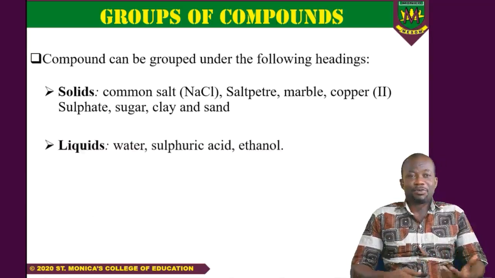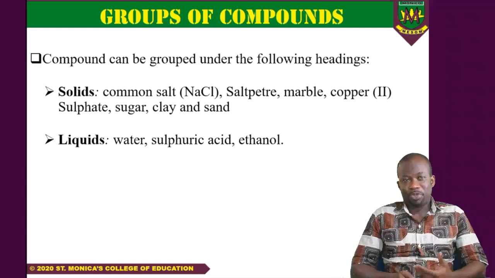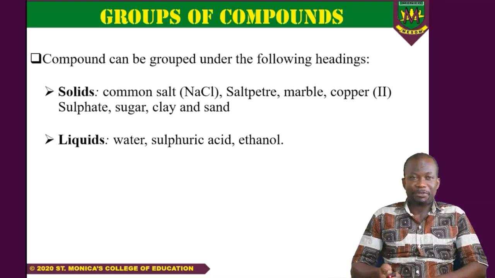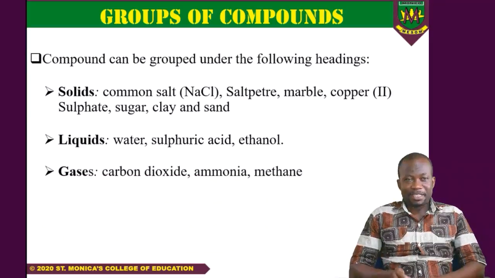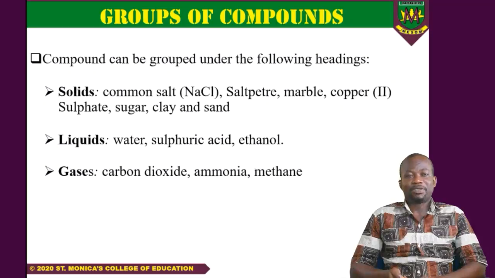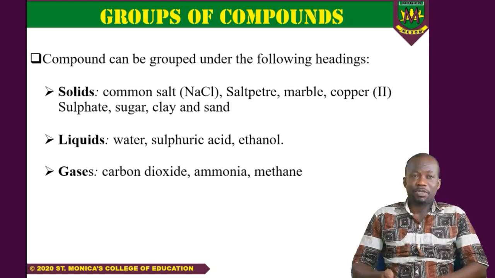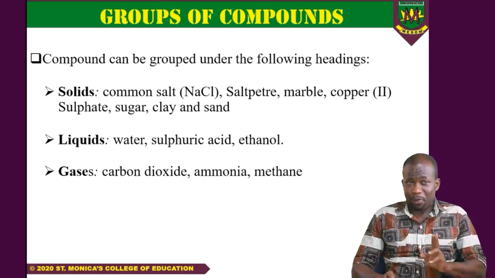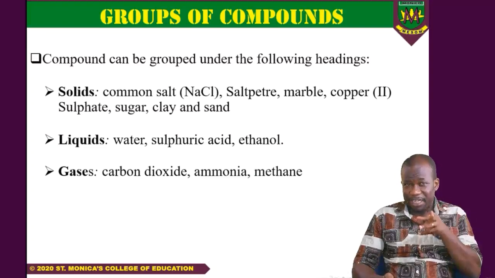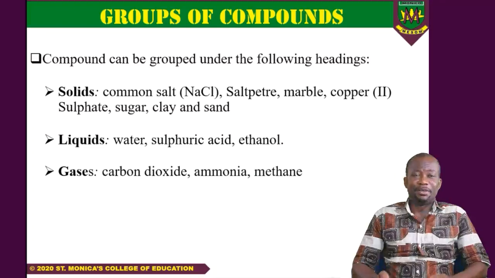Now, when you take examples of compounds that are liquid, we can mention water, sulfuric acid, ethanol, and then many more. Gases, we can talk about carbon dioxide, ammonia, and then methane. In an examination, you can be asked to give examples of compounds that are liquid and then talk about their constituent elements.